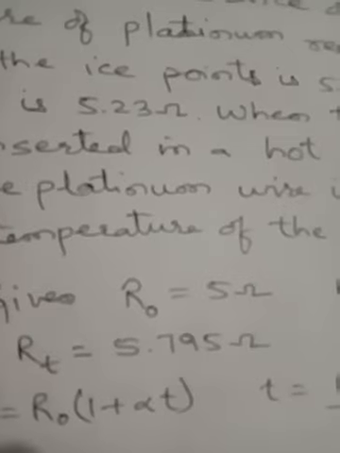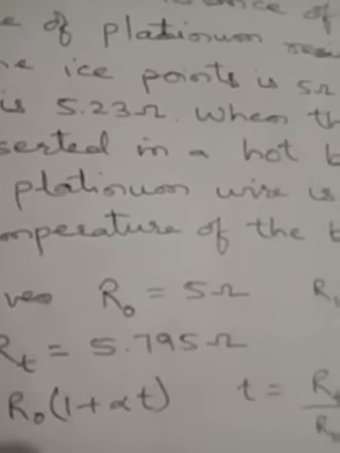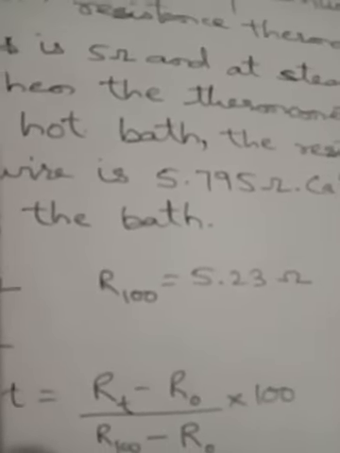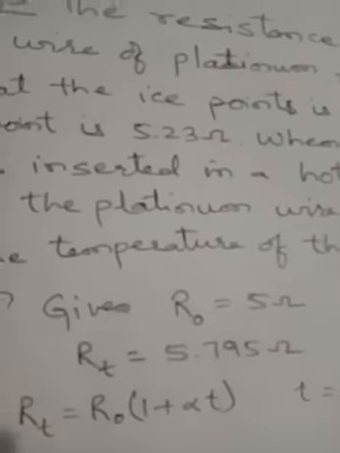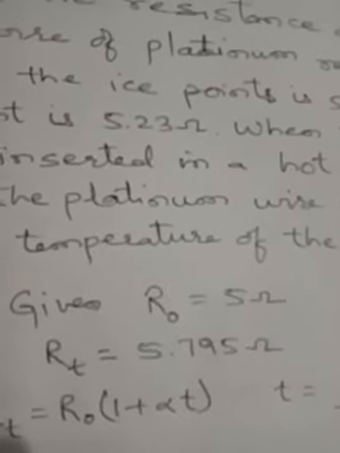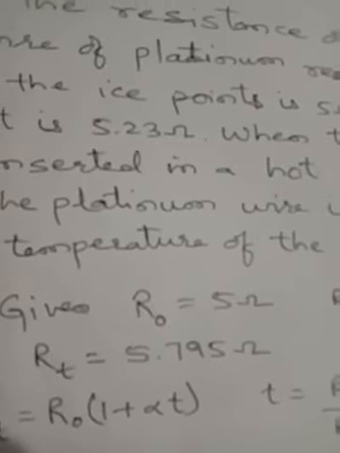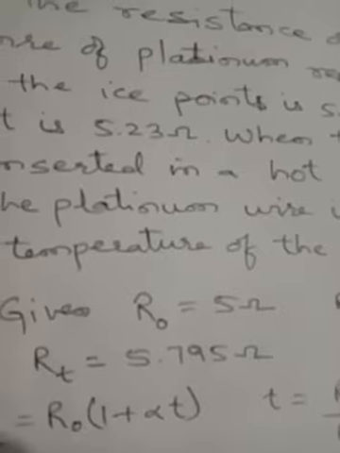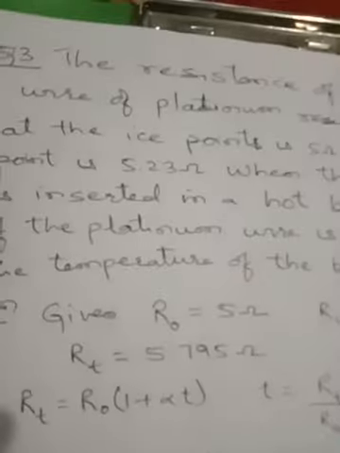R0 is the resistance at 0 degree centigrade. So what is the resistance? 5 ohm. Resistance at 100 degree centigrade is how much? 5.23 ohm. Steam point. And Rt is given to you, 5.795 ohm. Rt means resistance at the temperature T.